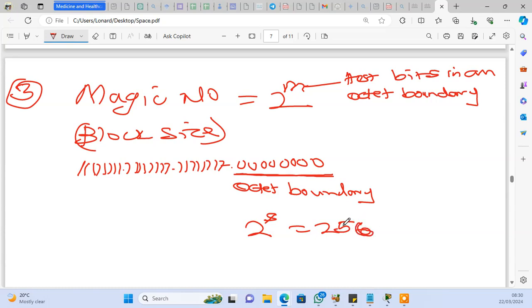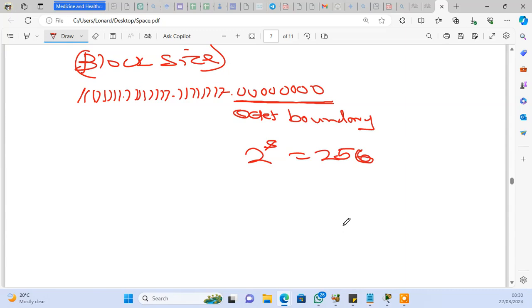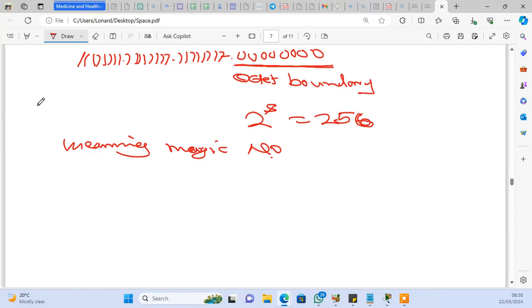Now, what does the magic number mean? Remember, what we are doing right now is subnetting. In subnetting, we are grouping addresses.